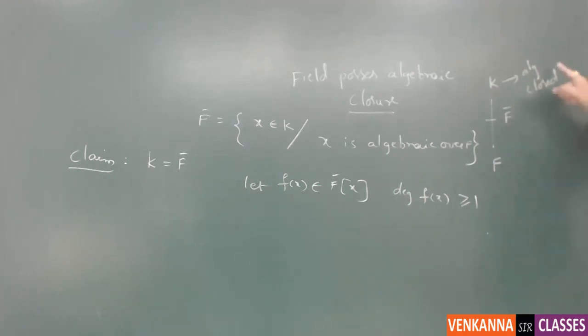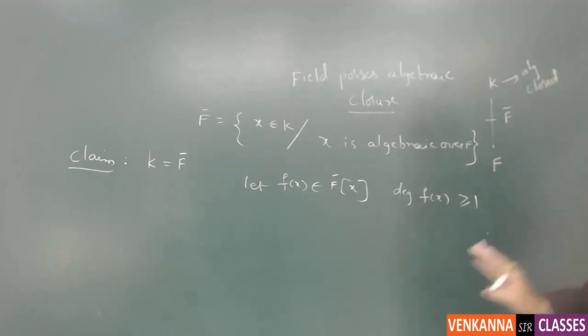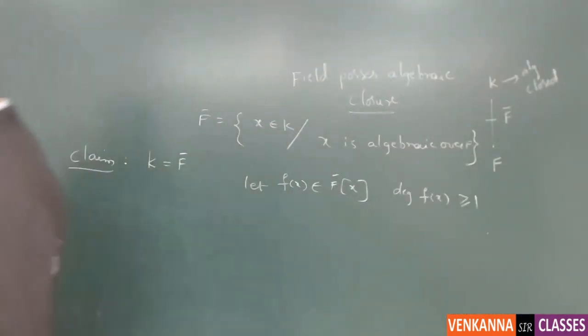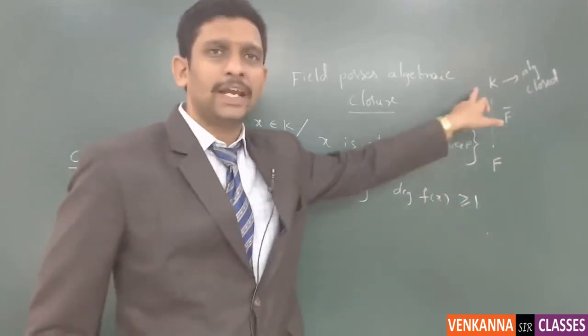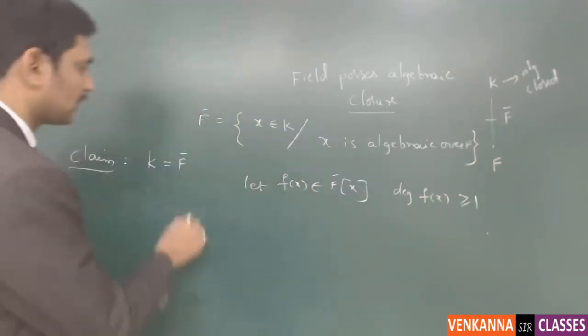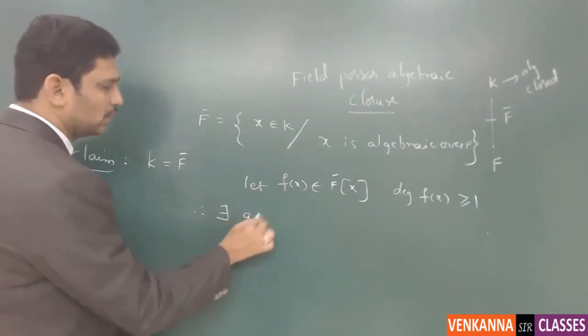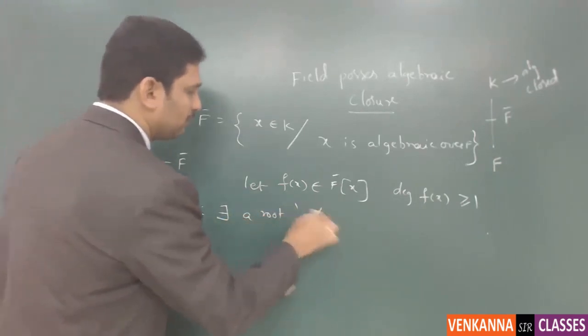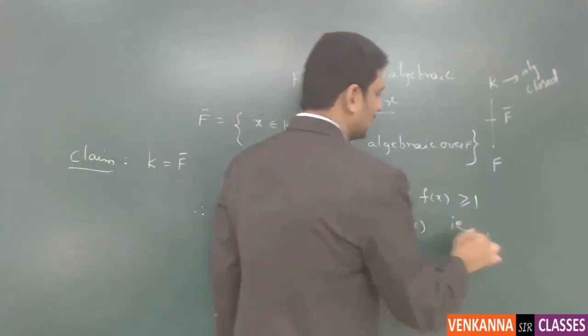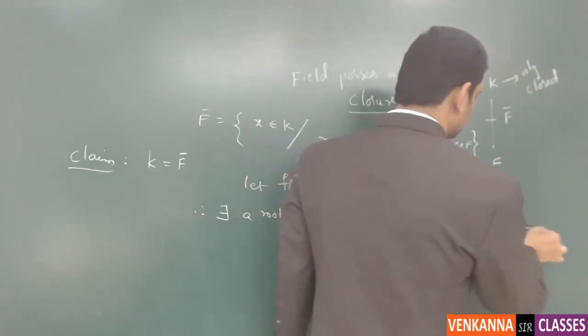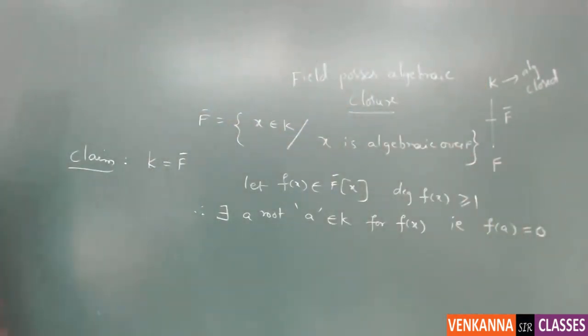Since K is algebraically closed, I have mentioned 4 conditions earlier. Using one of the conditions, I can say that there exists at least one root in K for the polynomial. Therefore, there exists a root A belongs to K for f(x), that is f(A) equal to 0. Any questions for this step to anybody?